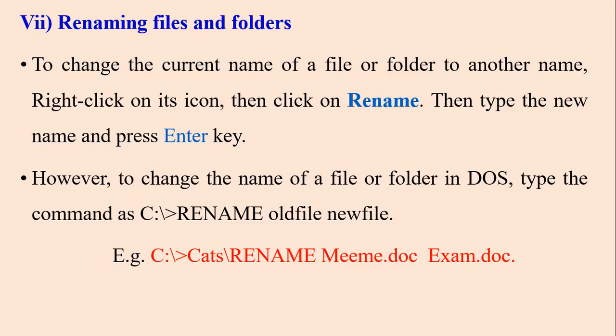So while you are at the command prompt, that is C:\, type cats\rename command space, the old name, which is meme.doc space, the new name that you want to give to the file, that is exam.doc.